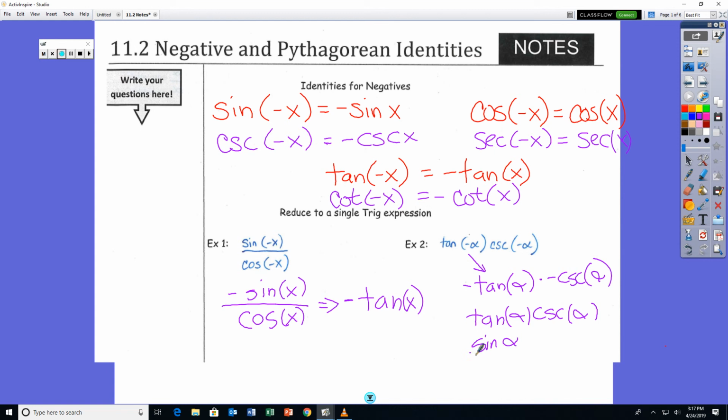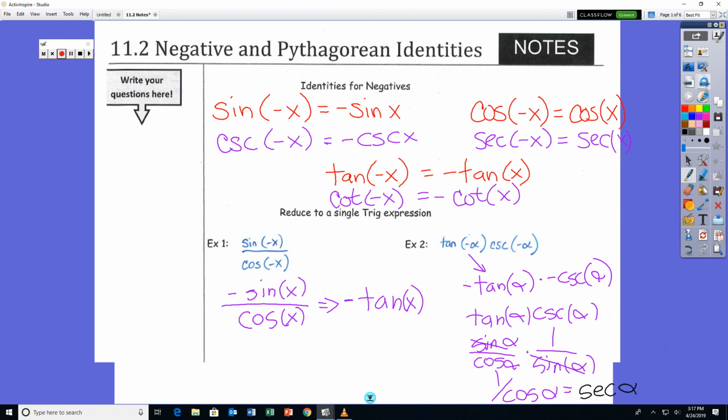So sine of alpha over cosine. Just like we did in the last section, cosecant is the same as 1 over sine. Cancel out or simplify where possible, and we're left with 1 over cosine alpha, which is the same as secant of alpha.